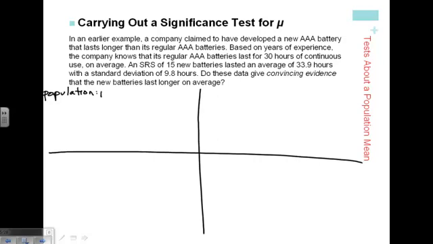So, new AAA batteries. Okay? What is the parameter, or what is it about these AAA batteries that we're investigating? The mean lifespan?